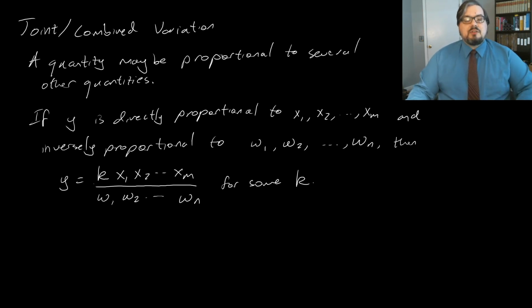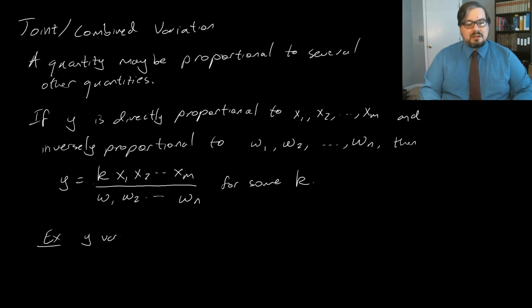So when you have a quantity that is proportional to several quantities, then all of the quantities that it is directly proportional to go in the numerator of this equation. All of the quantities it's inversely proportional to go in the denominator of the equation. So let's see an example of this.